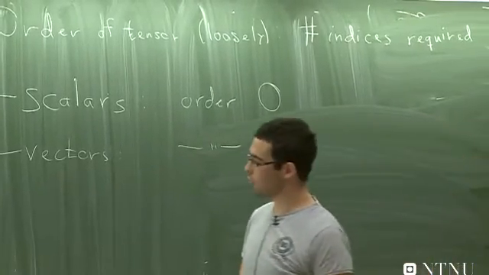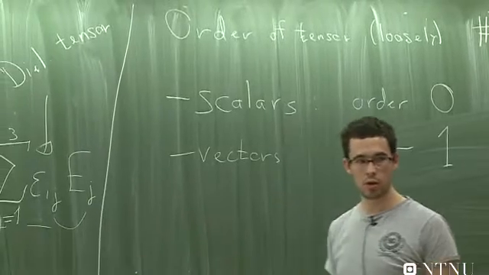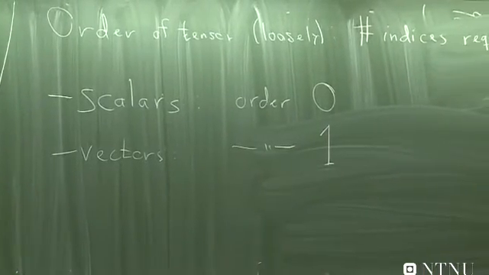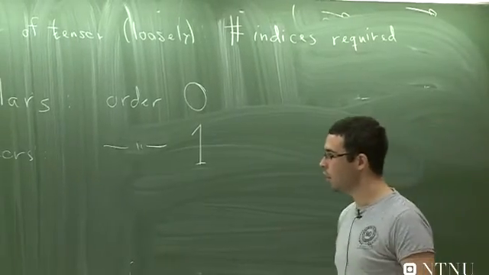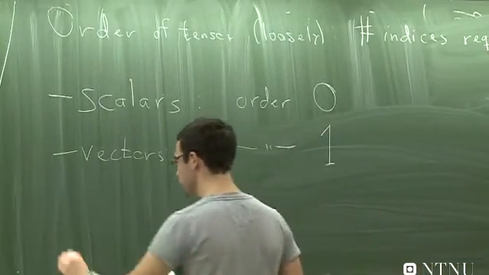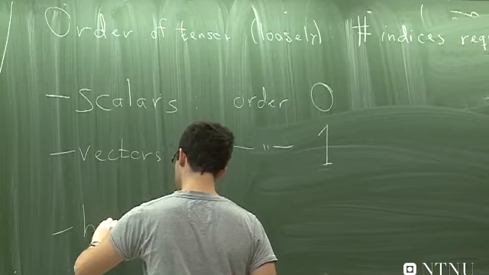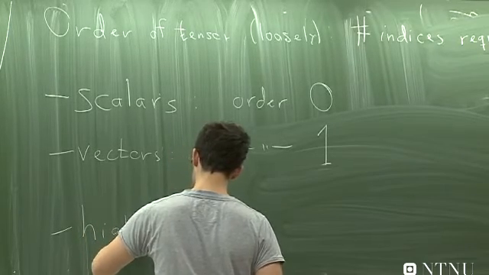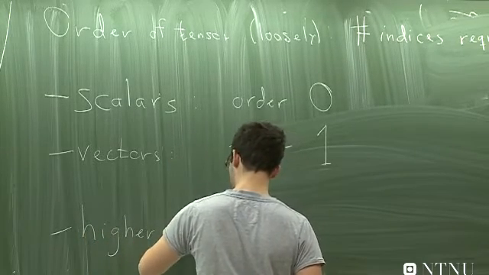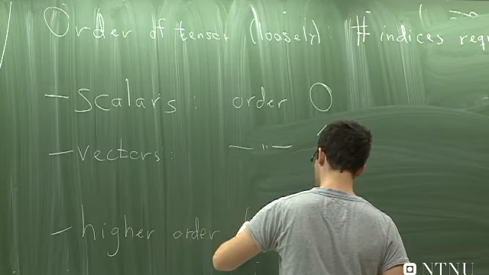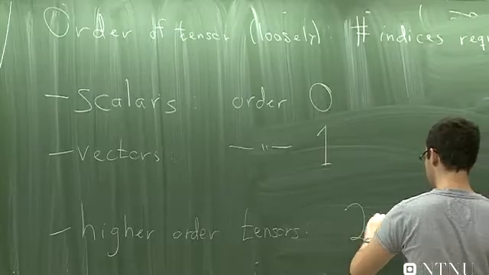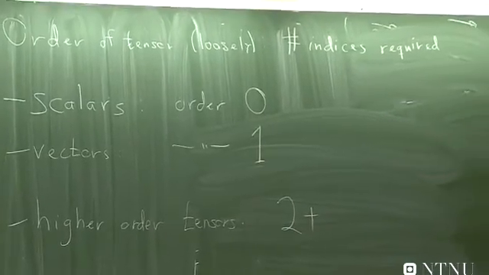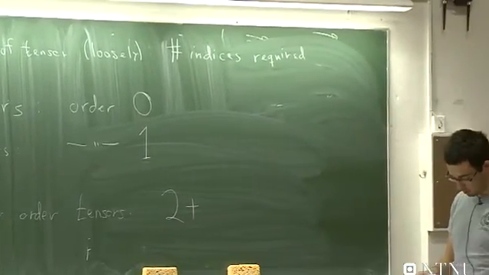For example, the electrical field is an order 1 tensor because I need 1 index to write it down. It has 3 components arranged in a linear fashion. And finally, we have higher order tensors. And these are order 2 or higher, as you might expect.